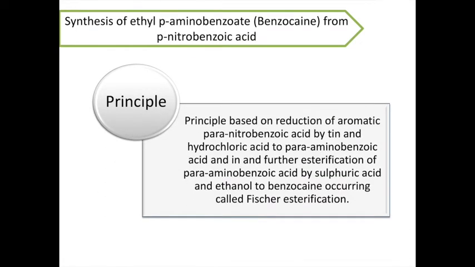The principle is based on two mechanisms, as there are two steps. In the first step, we synthesize para-aminobenzoic acid from para-nitrobenzoic acid. This mechanism is based on the reduction of para-nitrobenzoic acid in the presence of tin and hydrochloric acid.